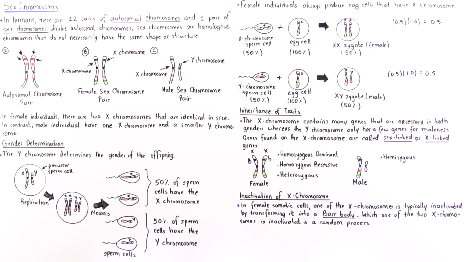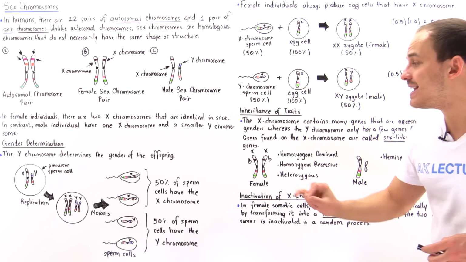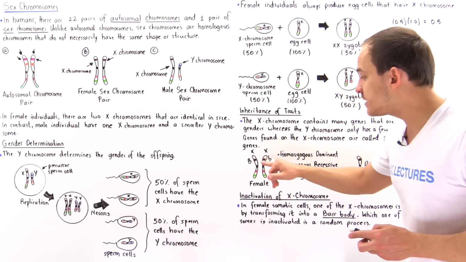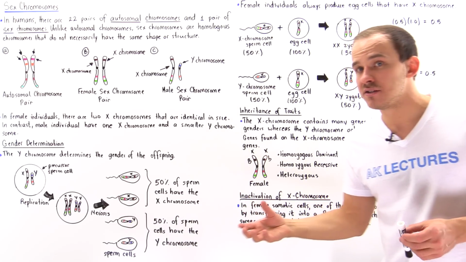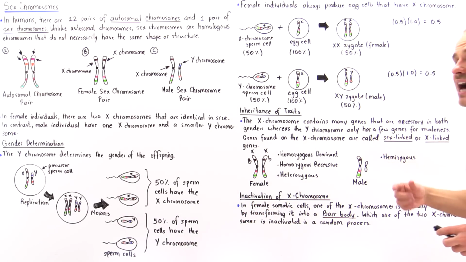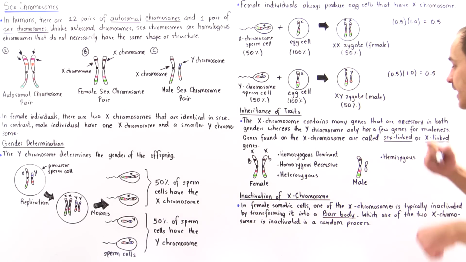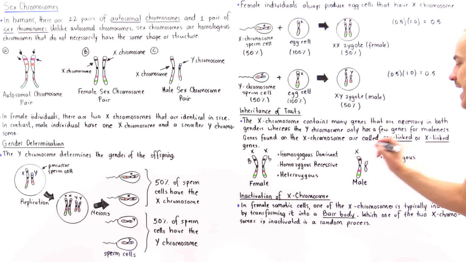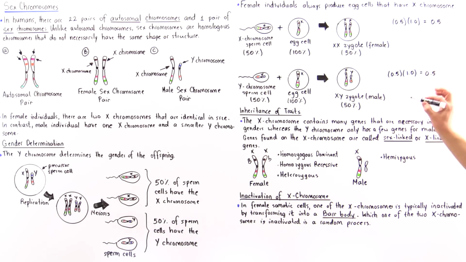Now, in the case of the male, the only thing that we can have is hemizygous. And what hemizygous means is we only have one gene and not a pair of genes. So in the female case, we have a pair of alleles, but in the male case, we do not have a pair of alleles because our male only contains one X. And it's the X chromosome that carries those sex-linked genes.